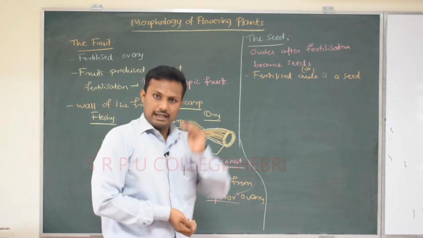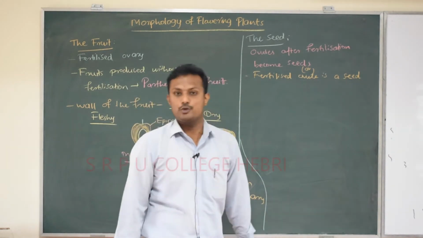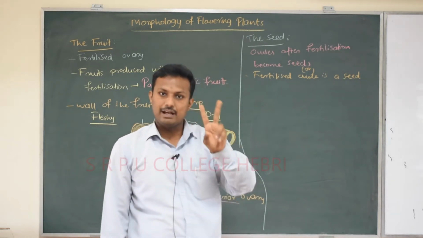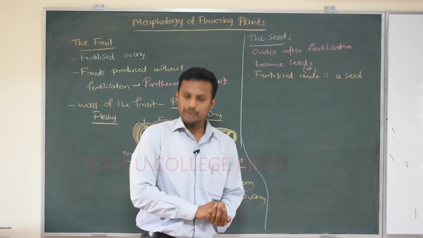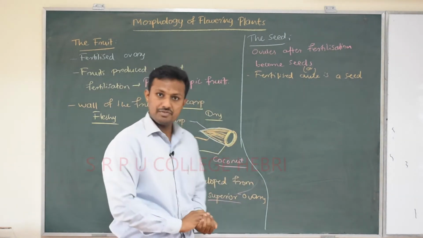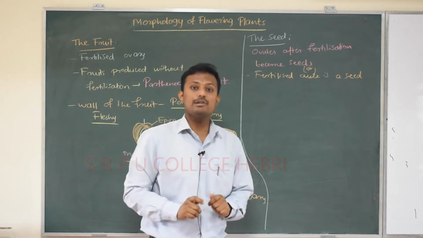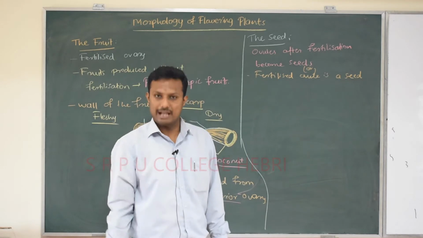Right? So, in the case of the angiosperms, as we are studying the morphology of the angiosperms, we find basically two different classes of angiosperms. As we find two classes, monocotyledons and dicotyledons, we also find the basic difference of the seed with respect to both classes.